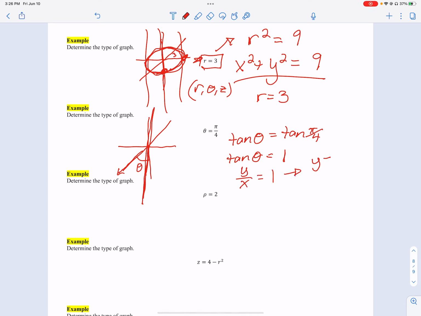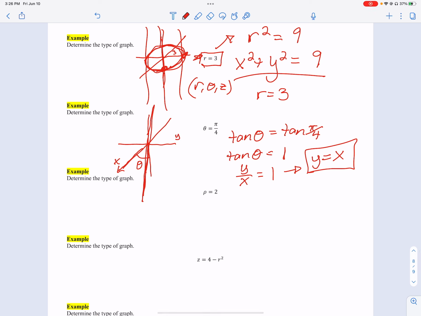Well, that's y equals x. I'm missing z, so I get all z's up and down. The line y equals x is a straight line in the xy plane, and since I get all z's, that's why I get the whole plane. So this is a plane.